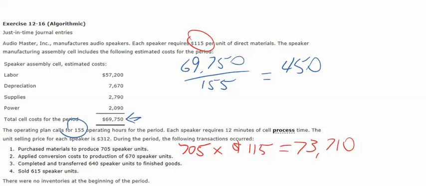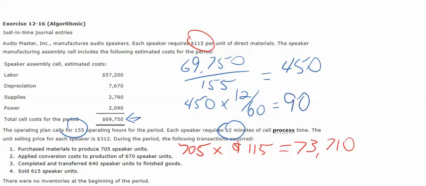And it says we require 12 minutes per unit, so I'll take the 450 times 12 over 60, 12 minutes over 60 minutes, or 2/10, whatever the case might be you want to do it. And that equals $90. So for each unit, we're going to have $90 of conversion costs.